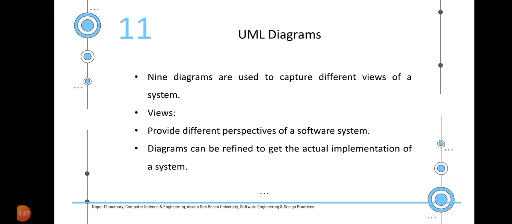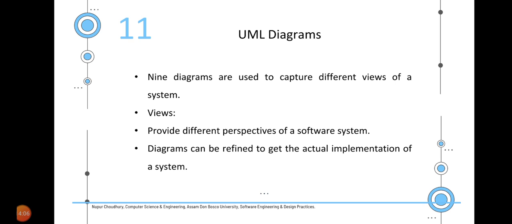So basically, UML diagrams can be categorized into 9 different diagrams which are used to capture different views of a system. When we are talking about views, it essentially provides different perspectives of the software system. Whenever we are using a software system, it is not essentially from the perspective of the developer or the customer or the client alone that we have to look at it.